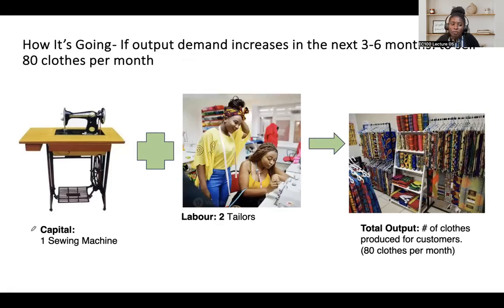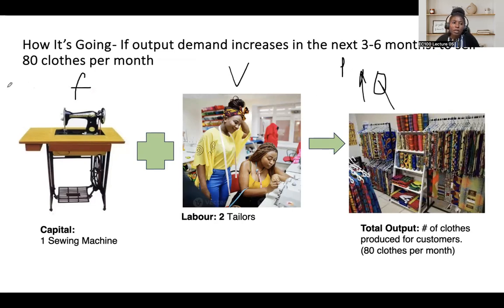So you have one fixed input, it's still the same, but this is varied. So this is a variable input. This is a fixed input. And now you have more output. Your output quantity, we call it Q, quantity or output, it's more. Your level of production is higher.